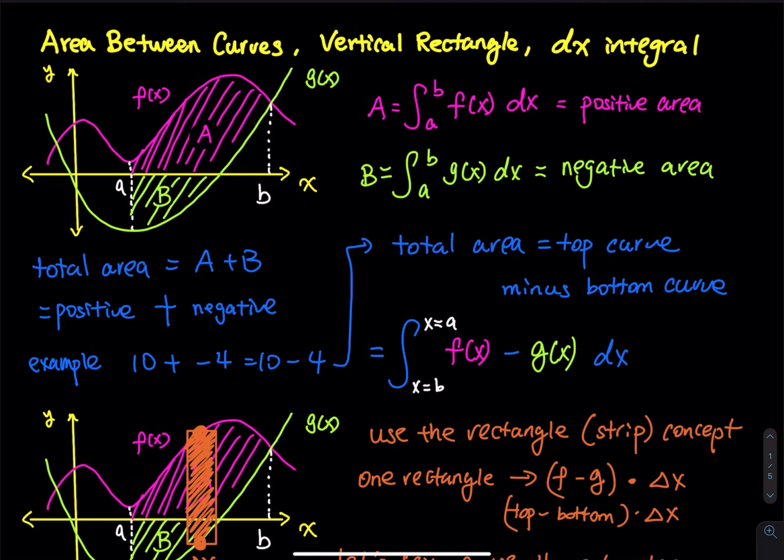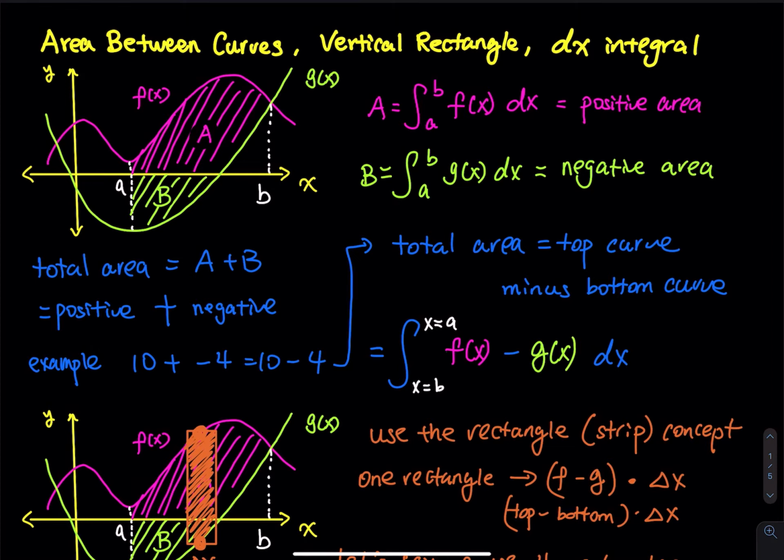Area A is equal to the integral of f of x, x goes from a to b, dx, that is equal to a positive area, right? Because the area is above the x-axis. What about area B? Area B is the integral, x goes from a to b, g of x dx, and that is equal to a negative. So we have two pieces, one above the x-axis, one below the x-axis, one positive and one negative.